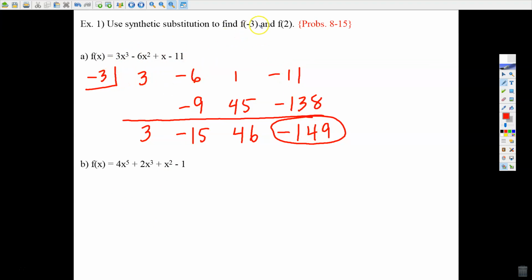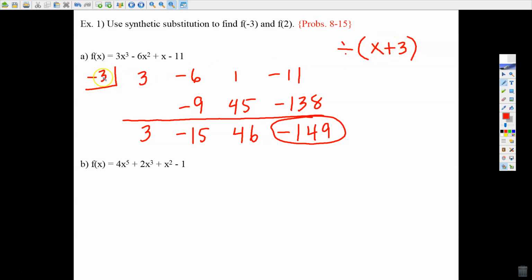So let's go ahead and do f of 2 with this same function. You're going to have two answers. Notice that unlike what we're used to doing with synthetic division, where we're given a binomial that we're dividing by, and we always had to be careful that we use the opposite of that number in the house.